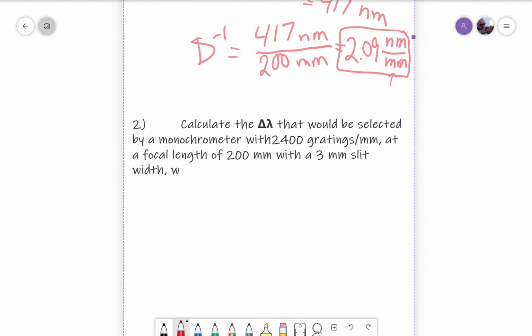For example, in question 2, calculate the delta lambda, or the bandwidth, that would be selected by a monochromator with the above d to the minus 1 at a focal length of 200 with a 3 millimeter slit. Very simply, the delta lambda is going to be W d to the minus 1.